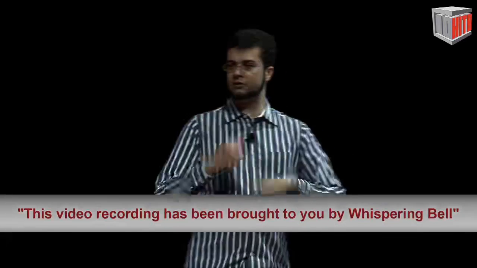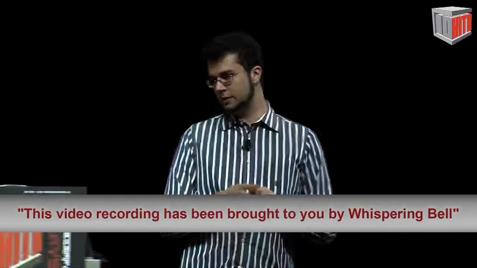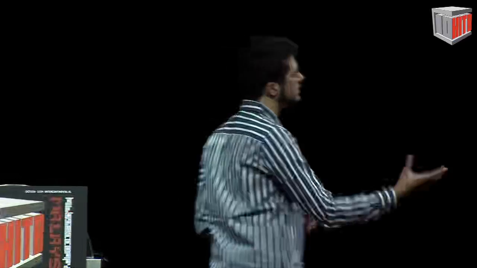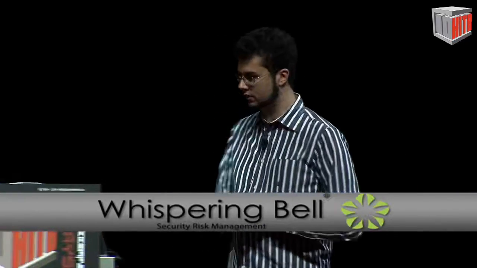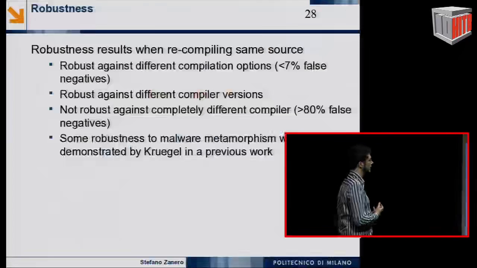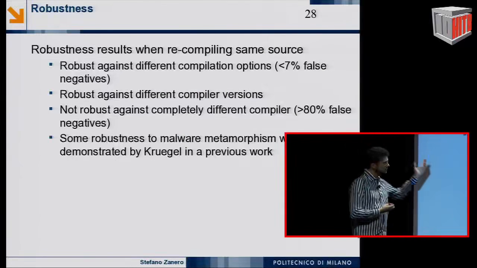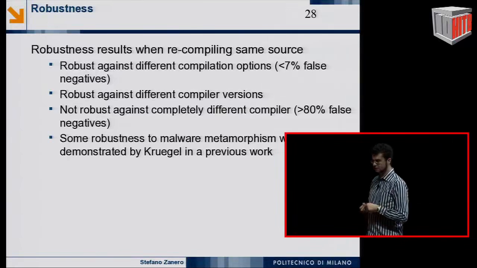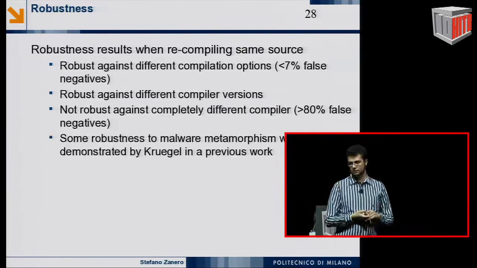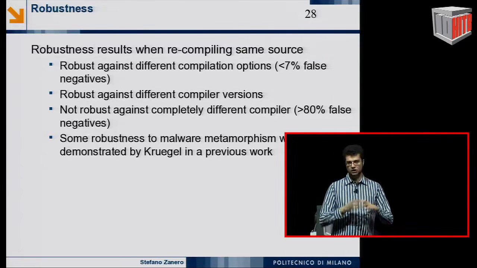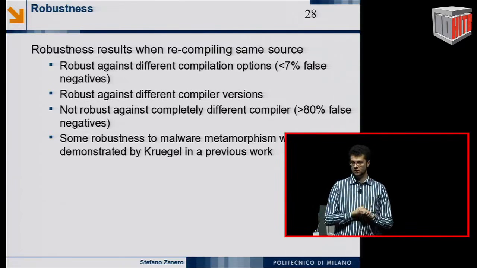We also checked if this would be robust when compiling with different obfuscation tricks and techniques. It was robust against compilation options and different techniques that can be used to change the actual compiled code. But it turned out not to be robust against a completely different compiler. This is explained because different compilers have different calling conventions, and this can cause differences in some parts of the graphs.